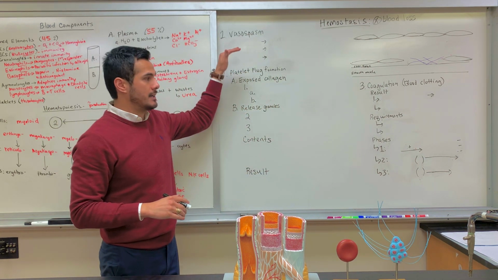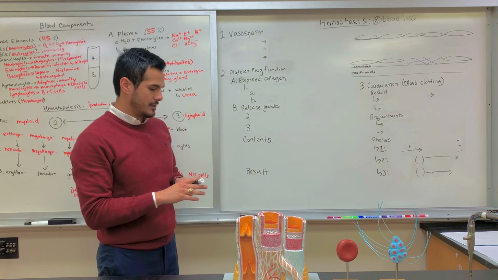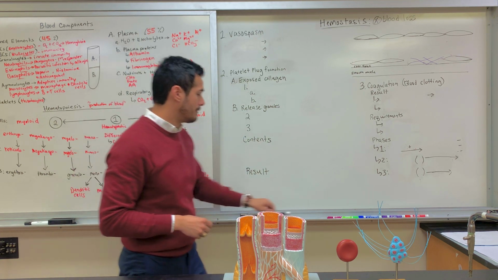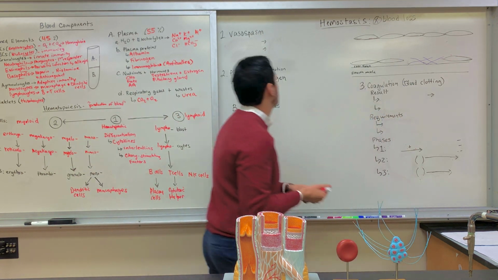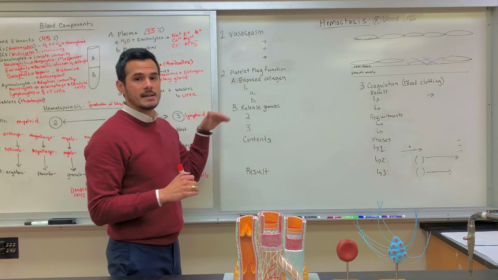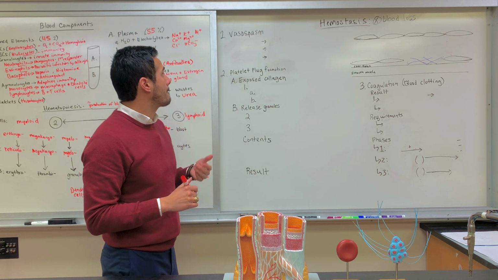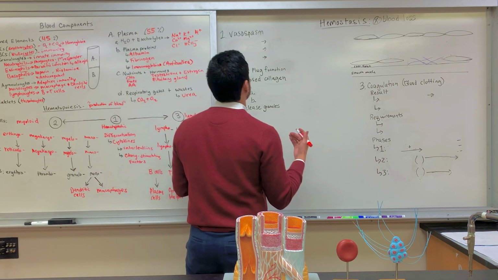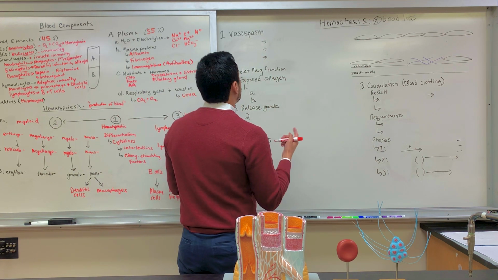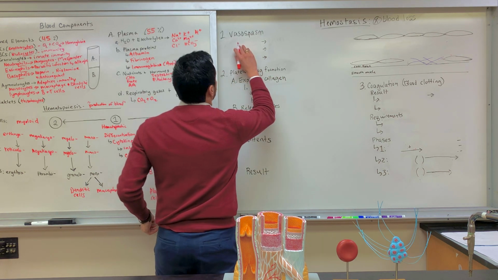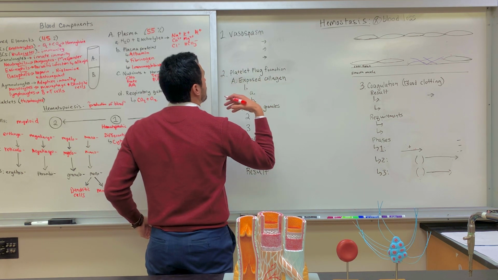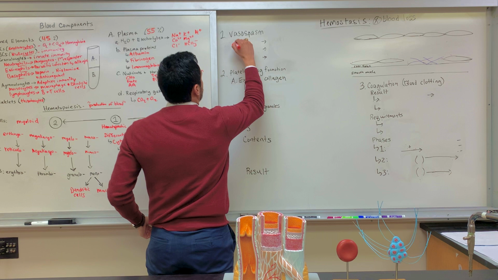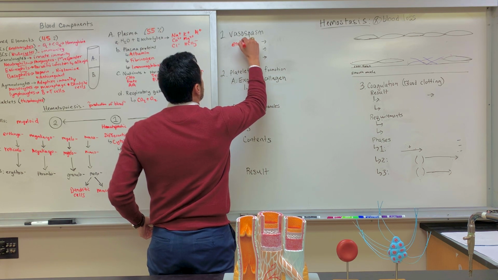So now let's start to get into the details of how all these different things happen. The first thing I'm going to talk about is vasospasm. So what is the mechanism of that? Well, there are a couple of different players that allow this to happen. One is that we secrete a molecule which is known as endothelin.